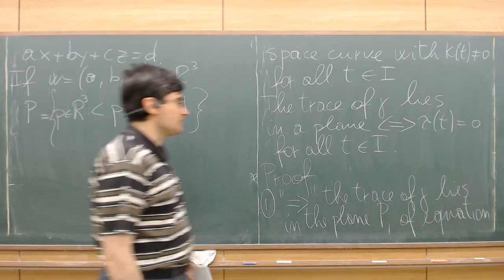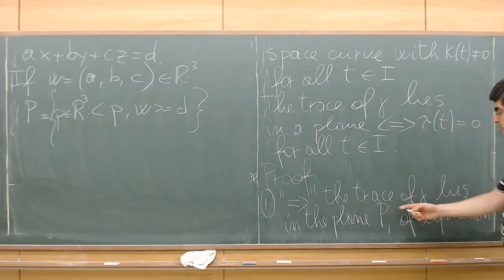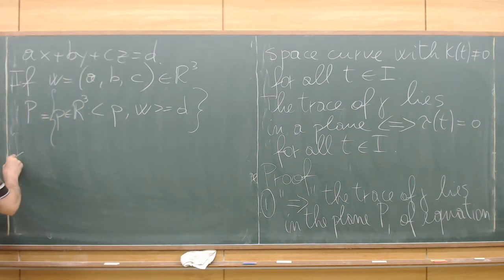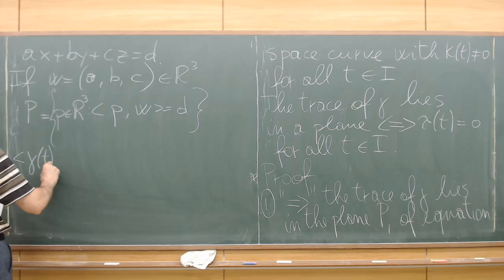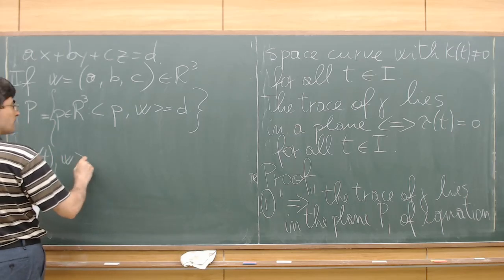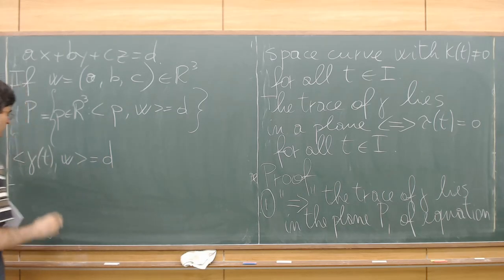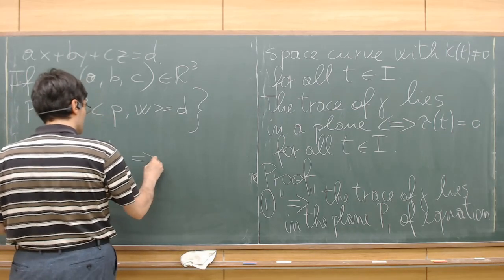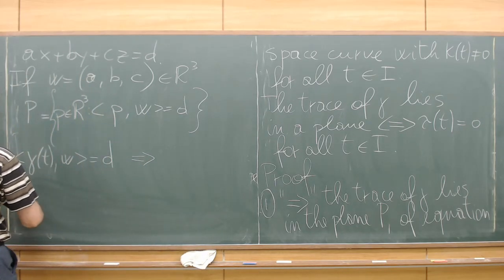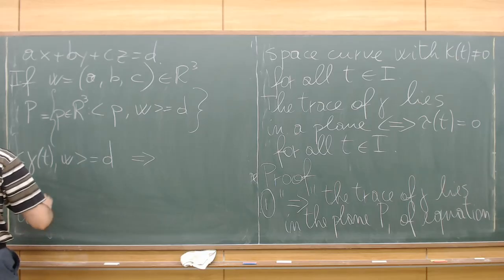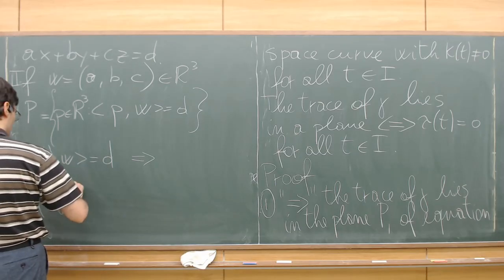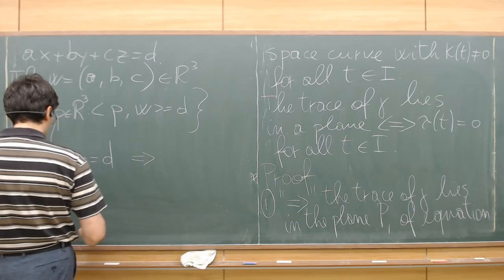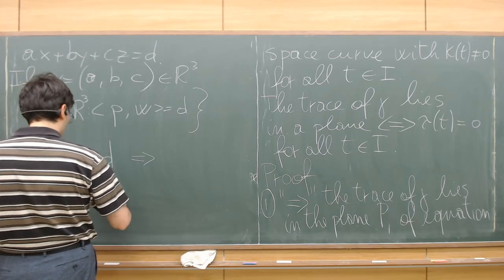Okay, so if this is true, then we have that gamma(t) · w equals d for any t. So this implies that the derivative with respect to t of this inner product is 0.